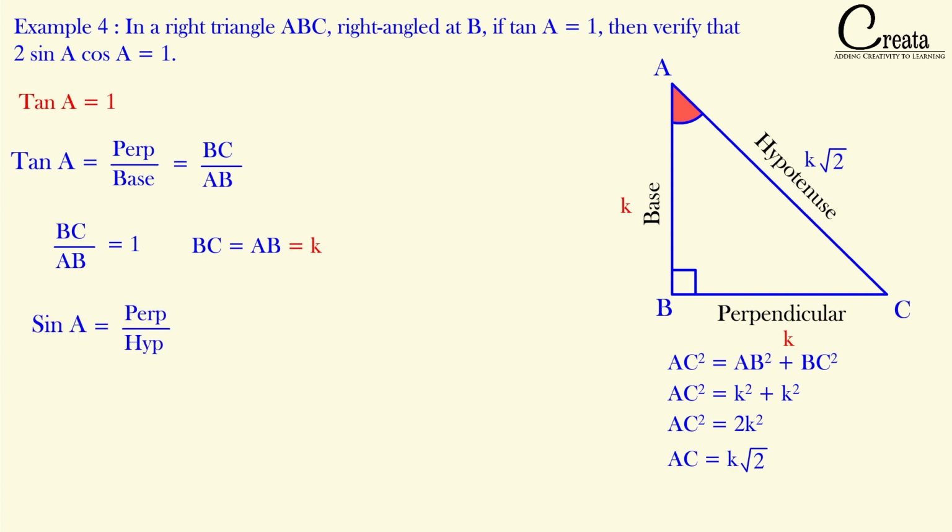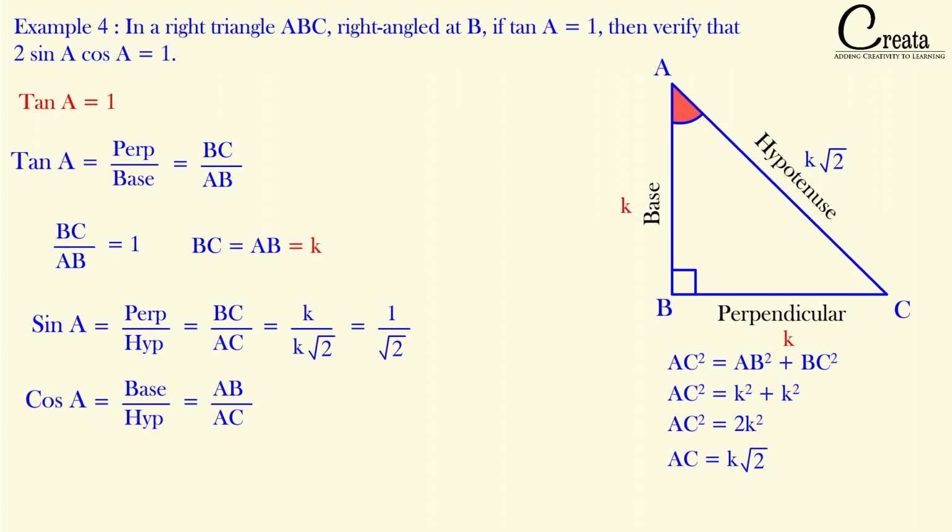So sin A will be equal to BC upon AC. So let's put the value. We got sin A as 1 upon root 2. Further, cos is base over hypotenuse, so cos A will be equal to AB upon AC, which on putting the value and solving, we got cos A as 1 upon root 2.